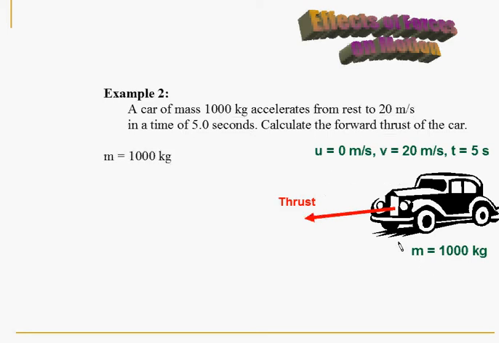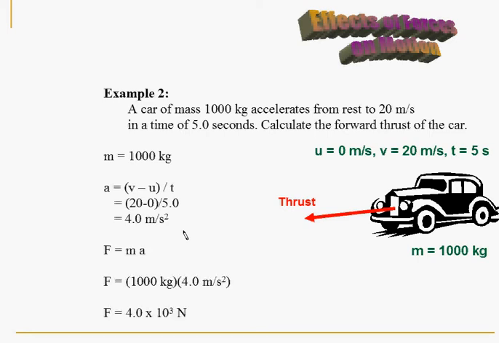First of all, we write down the information given to us. m stands for the mass, which is 1000 kg. We can calculate the acceleration by using the acceleration formula, v minus u over t. So 20 minus 0 divided by 5, you get the acceleration as 4 meter per second square. So applying F equals ma again, you have the force to be 4000 Newton.